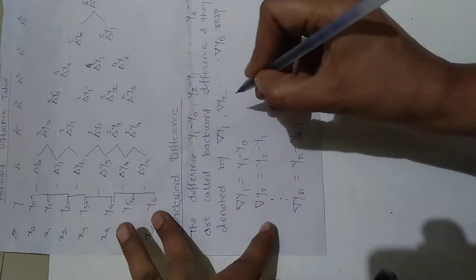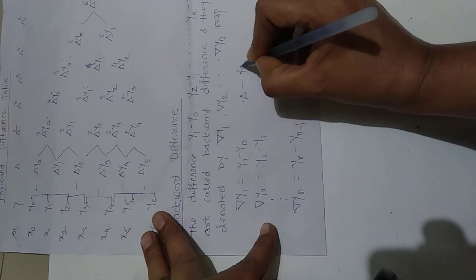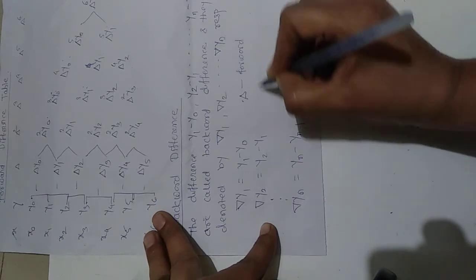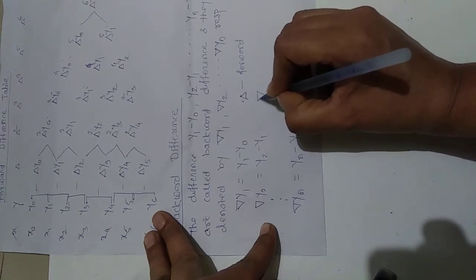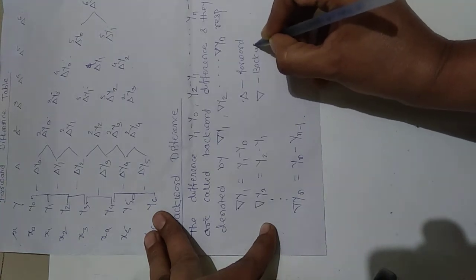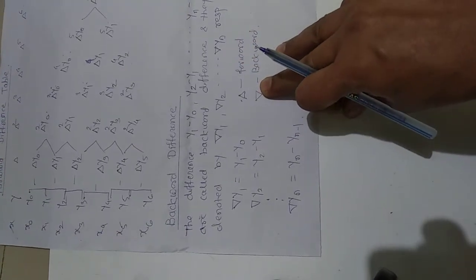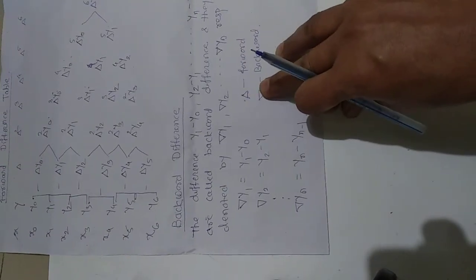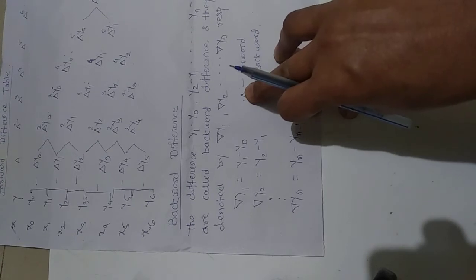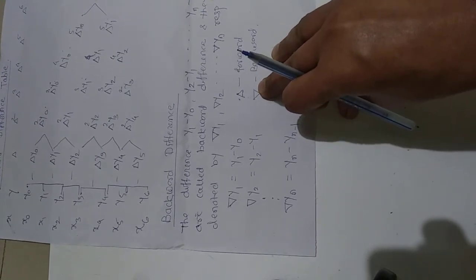Forward difference operator del is like this, and this is the forward operator, and here the backward operator of this is backward. A backward difference operator is the opposite of the forward difference operator. This triangle is this one and this is the inverted triangle.